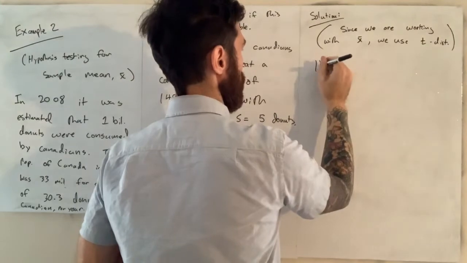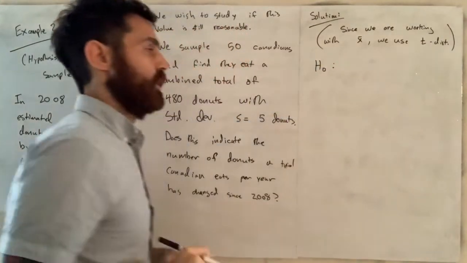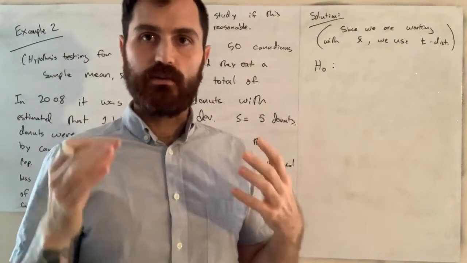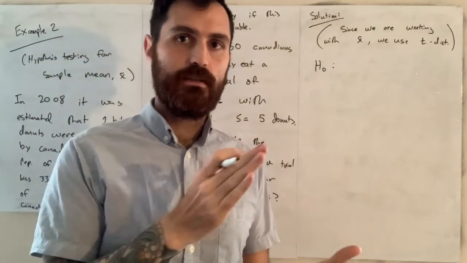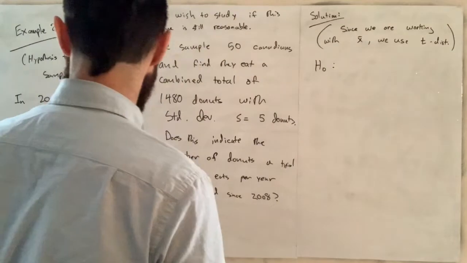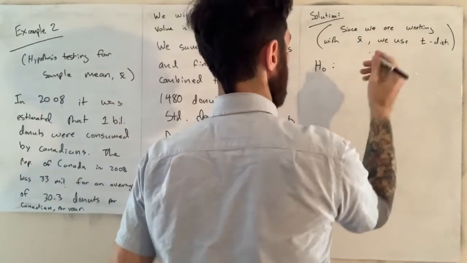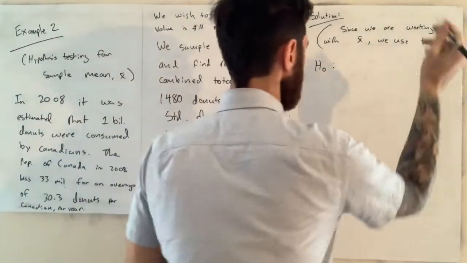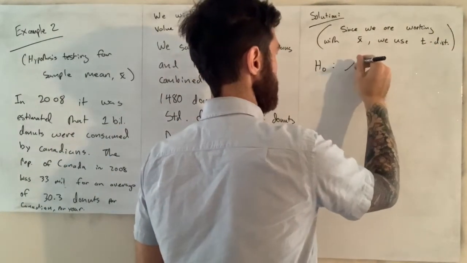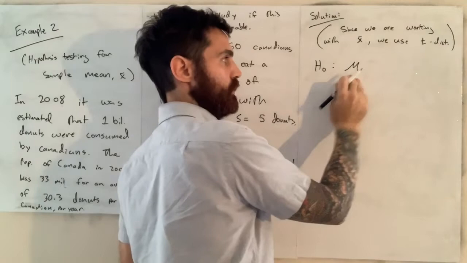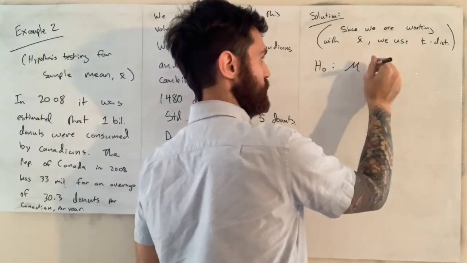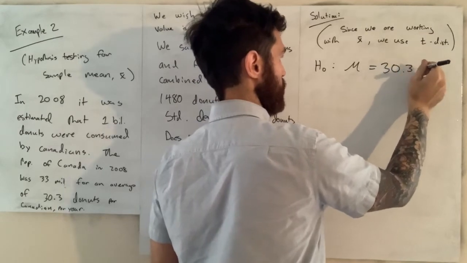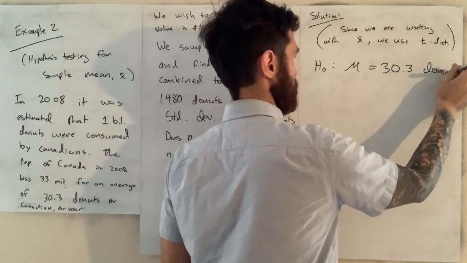Well, what we need to do is set our null hypothesis, and that is always going to be that a certain parameter is equal to its value. So this is going to be that our parameter, which is mu, some population mean, is equal to 30.3 donuts.